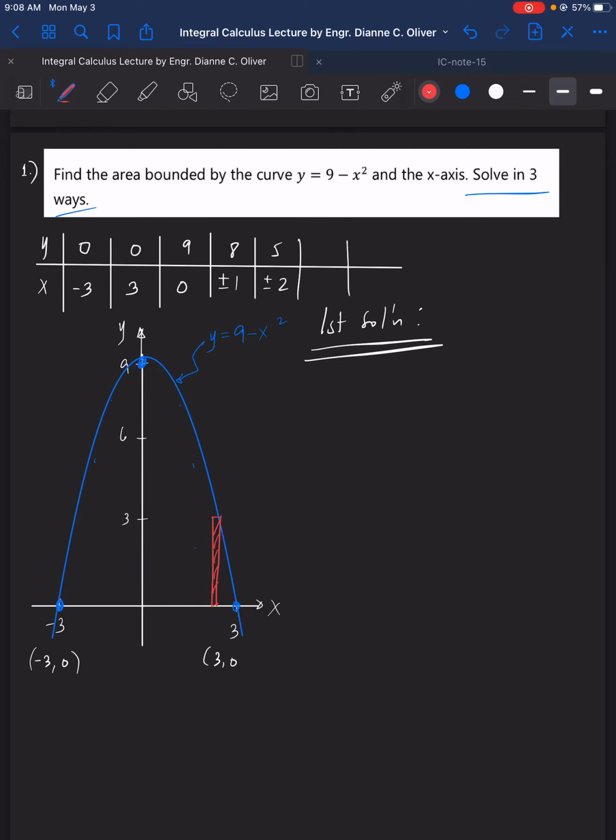So we have here y dx. The area strip is y dx. Therefore, area is equal to integral of y dx. Since we are using dx here, the limits are x1 to x2.